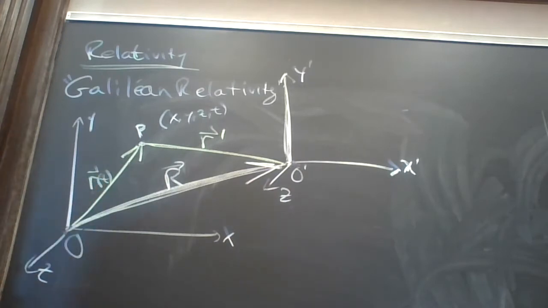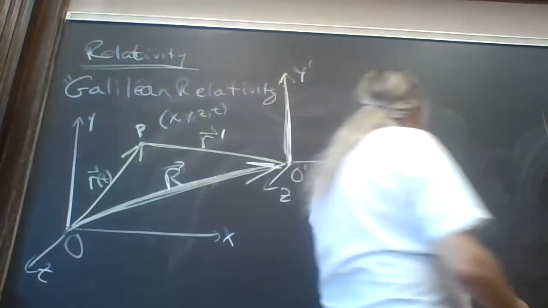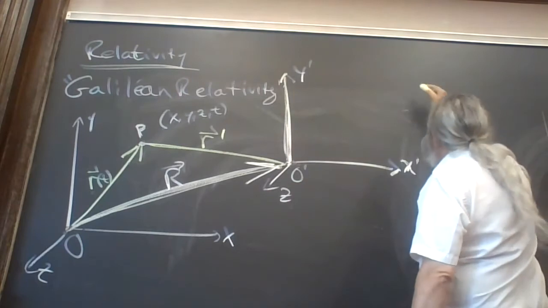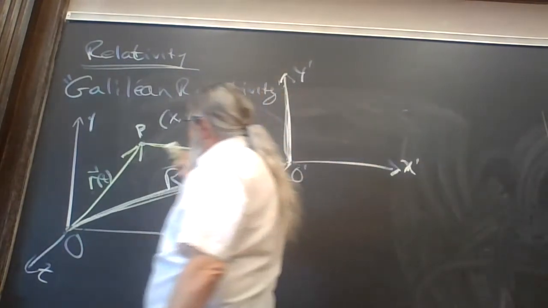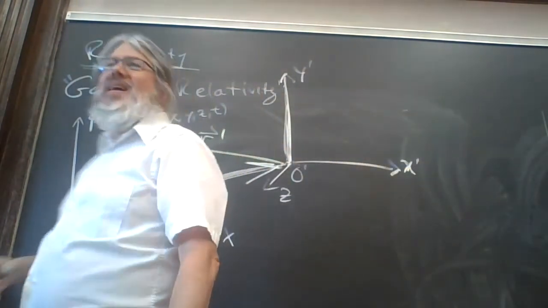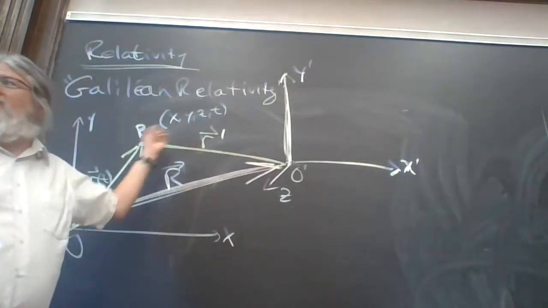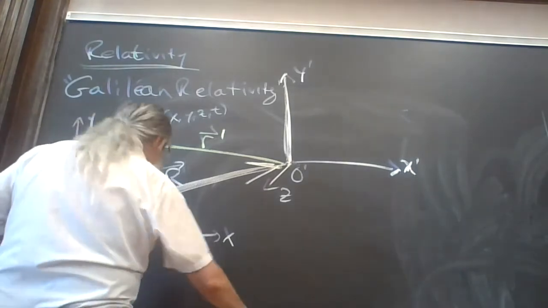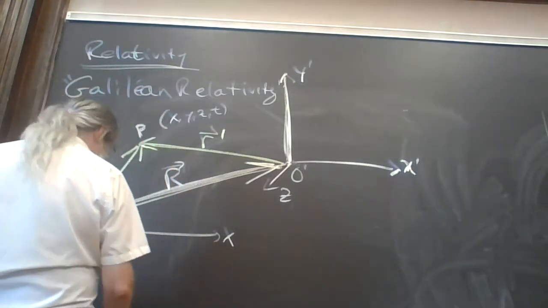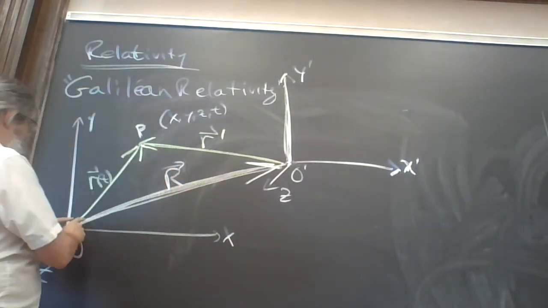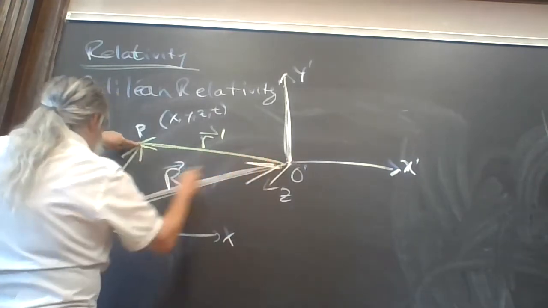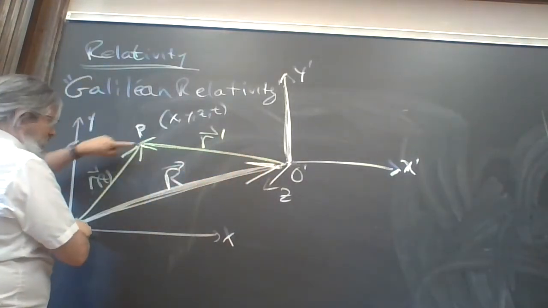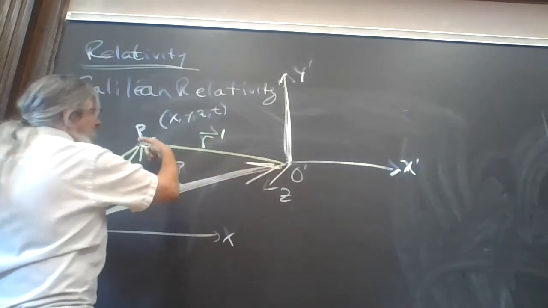Now, once I've drawn this triangle, it's convenient to write down a rule for how I go from r to r prime. And the answer is I just use the vectors that go in this particular direction. So this one goes from here to here, and this one goes from here to here. If you stare at it, that means this vector here is basically this vector minus this vector.